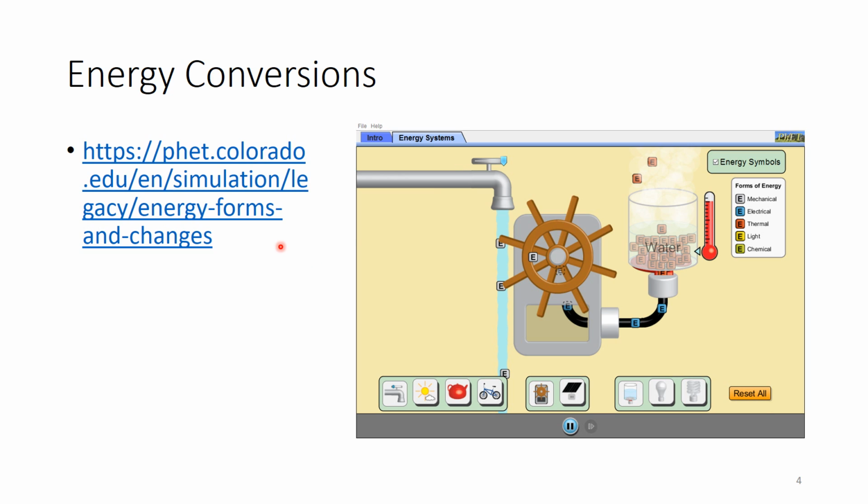You can look at this simulation that describes conservation of energy. In this diagram, we have water particles that are traveling and carrying kinetic energy. As the water hits this wheel, the wheel turns. Effectively, the water is transferring kinetic energy from itself to the wheel.